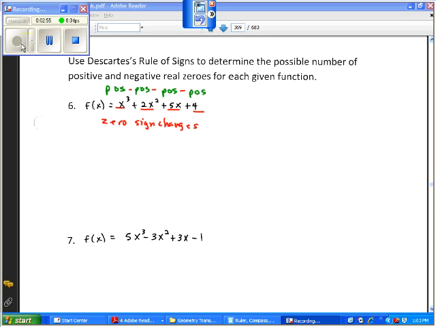If there are 0 sign changes, that tells us that there are 0 possible positive real zeros.